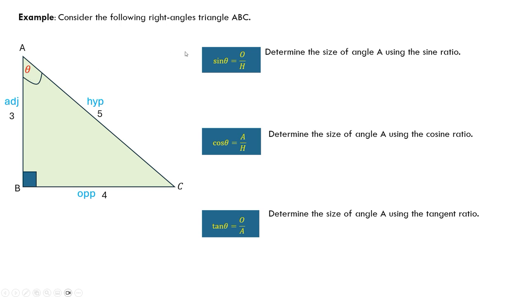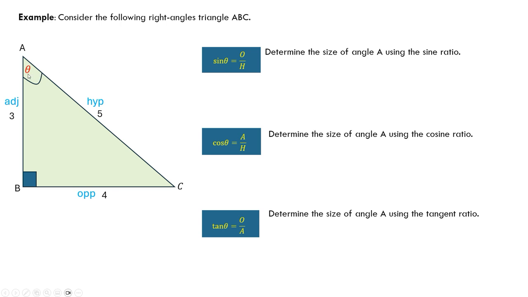Since we're given all three sides, we could use all three trig ratios to calculate the angle. If we do it correctly, we should get the same value from here, here, and here. Let's work through it and let's see if that's the case.